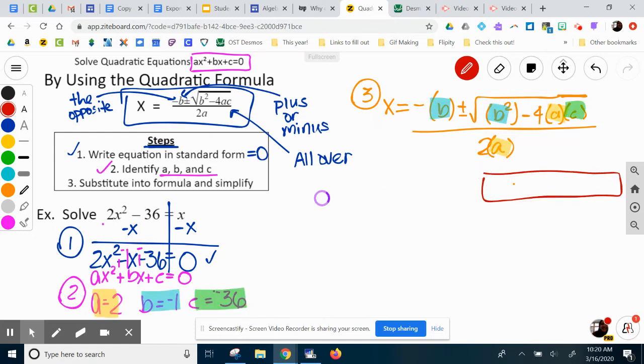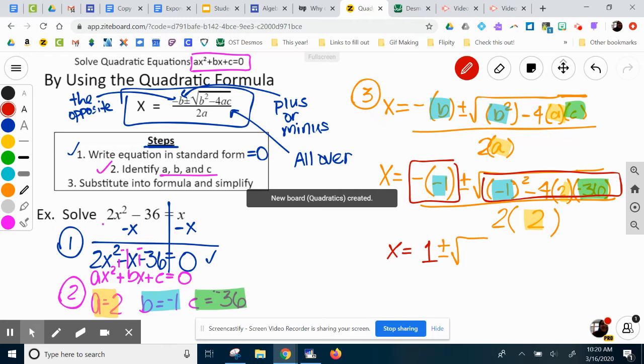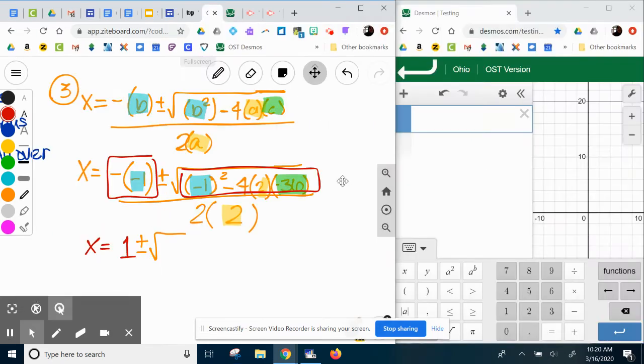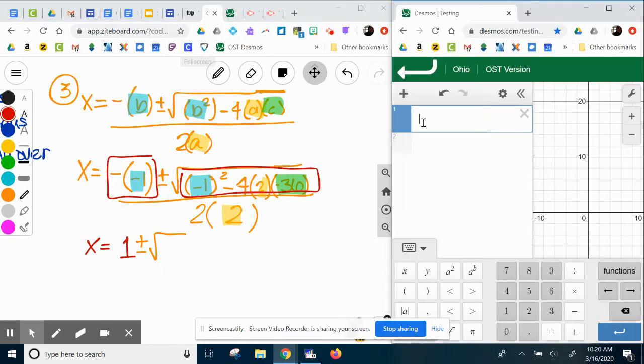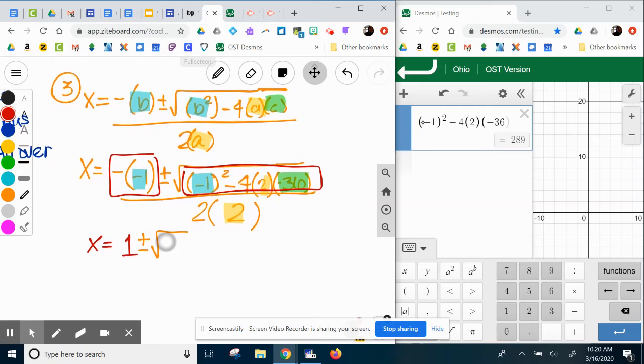So while I'm typing this in, notice that I am not typing in the square root symbol. I'm just typing in what's under the square root. Okay, so I know everything that's under the square root is 289.